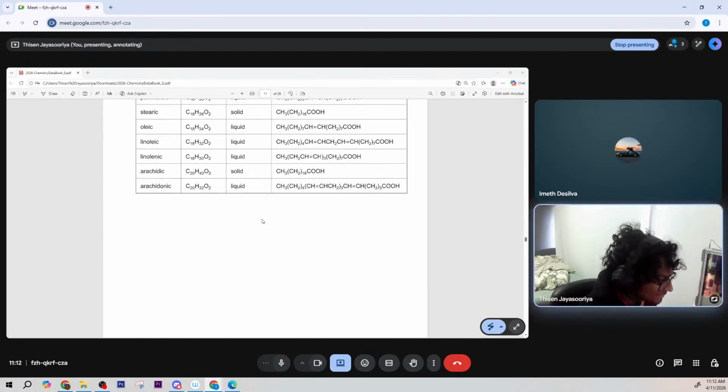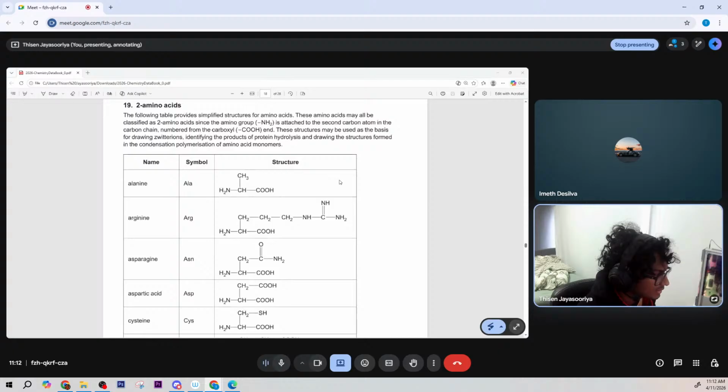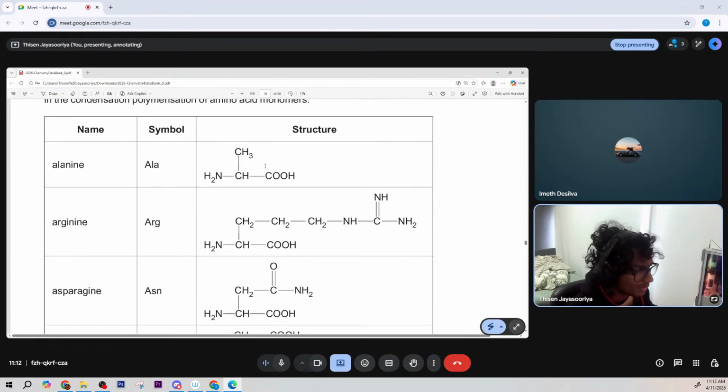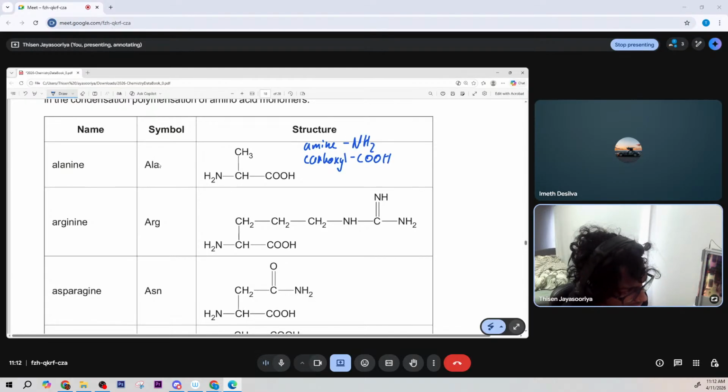So basically, a neutral amino acid is anything that doesn't have an extra amine group, which is just the NH2, or a carboxyl group, which is the C double bond O, on its side chain.